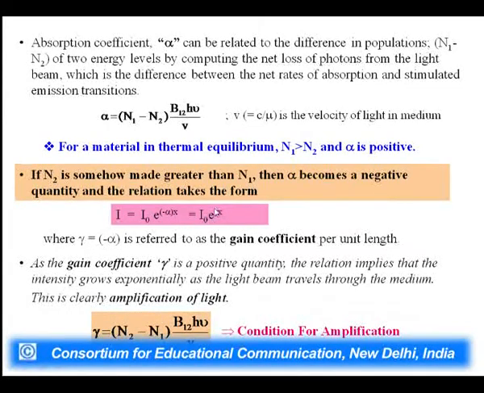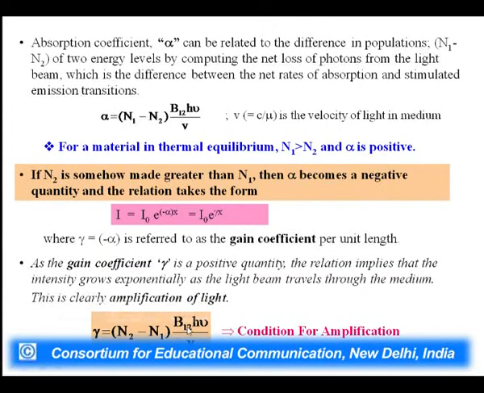Here we put gamma in place of minus alpha, which is defined as the gain coefficient per unit length. As the gain coefficient gamma is a positive quantity, the relation implies that intensity grows exponentially as the light beam travels through the medium. This is clearly the amplification of the light.